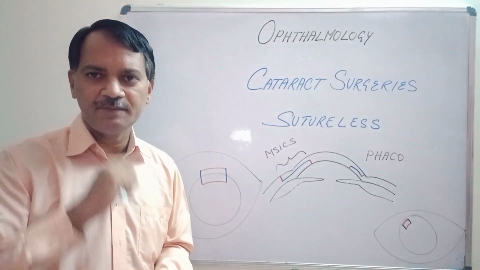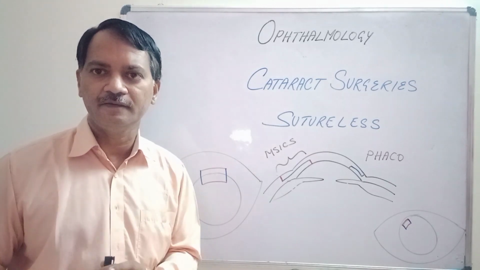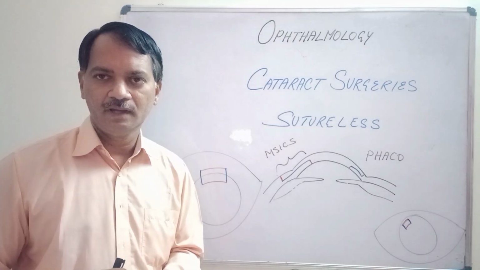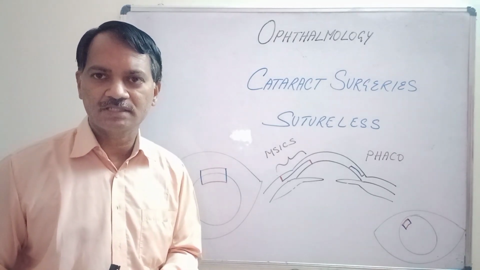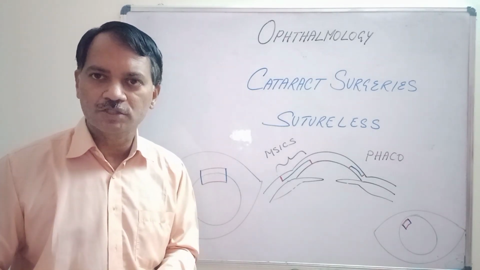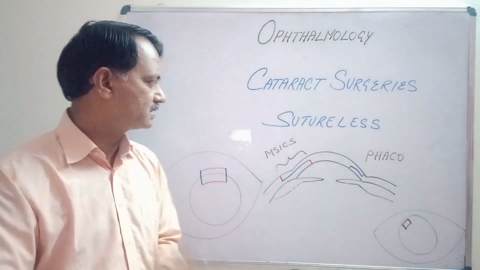In sutureless cataract surgeries, unlike the conventional ECCE, we make a 3-plane incision. If you make a 3-plane incision, you don't need sutures to close the wound after surgery. The wound will close on its own. So that is the idea behind the sutureless cataract surgeries.